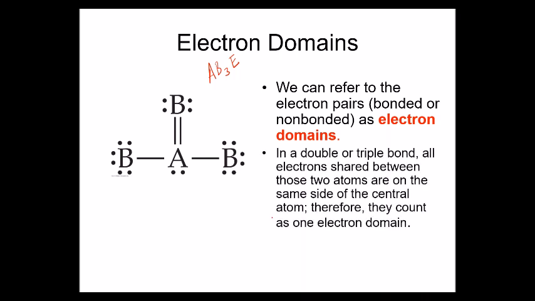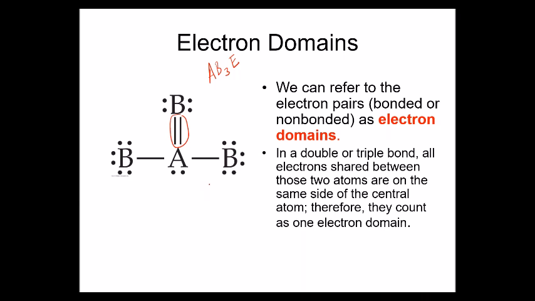In double or triple bonds, all the electrons shared between the two atoms are on the same side of the central atom, therefore they count as one electron domain. So this double bond here, even though it's sharing 4 electrons, 2 pairs of electrons, is still only considered one electron domain. One area of electrons.